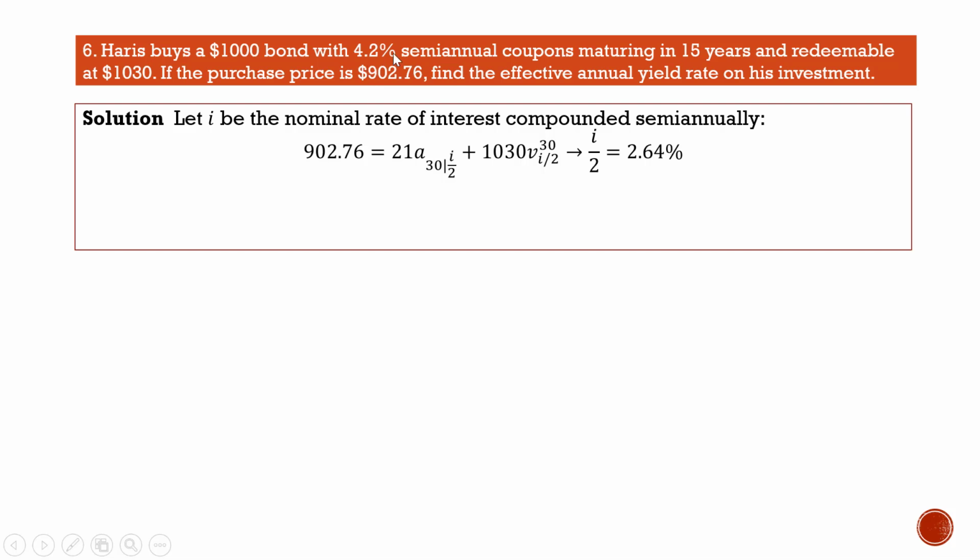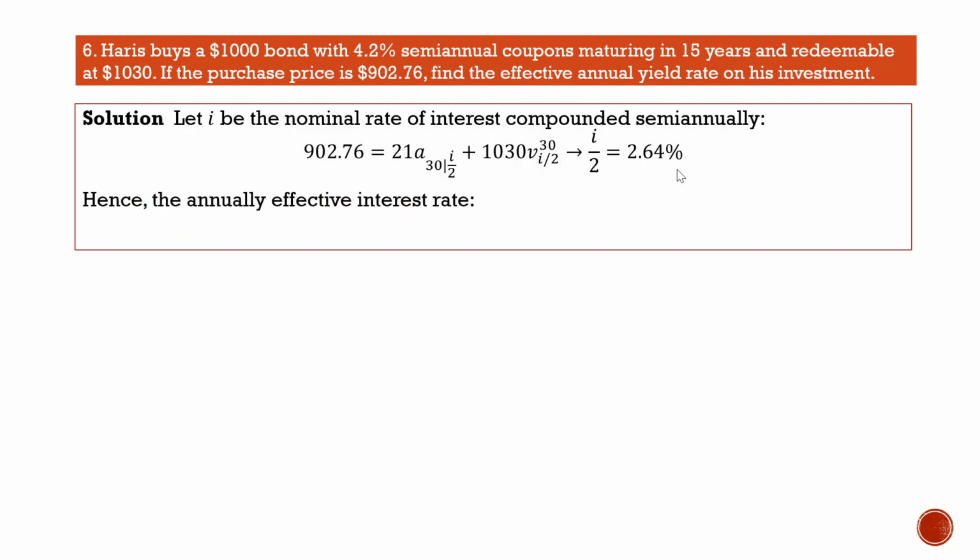So we have 21 times a_30 at rate i over 2 as the present value of the coupons, and 1030 times v to the 30 at the rate i over 2 is the present value of the redemption value. So i over 2 is 2.64%.